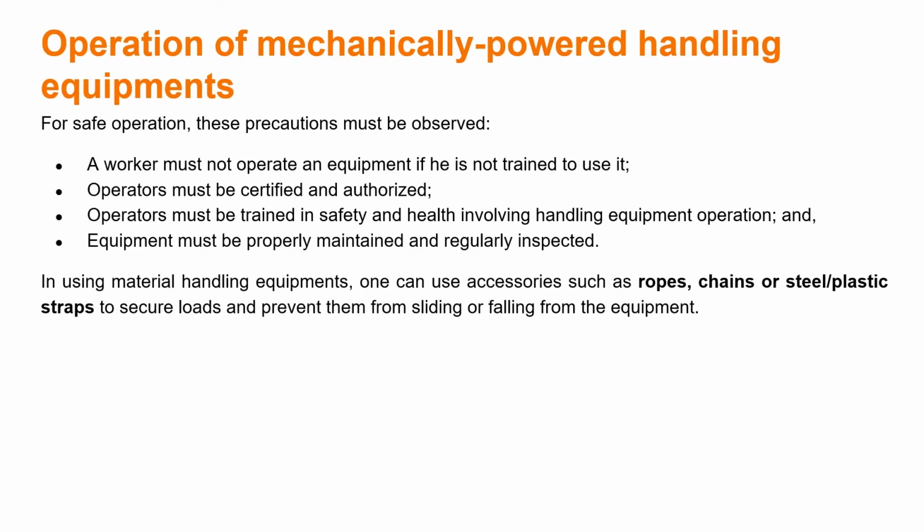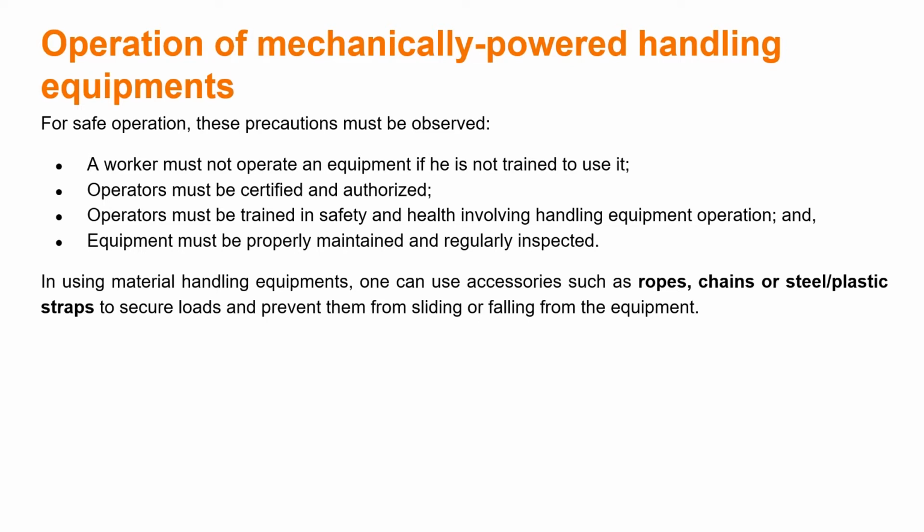Handling mechanically powered equipment can pose more danger than the manual ones, so for safe operations, these precautions must be observed. A worker must not operate equipment if he is not trained to use it. Operators must be certified, authorized, and trained for safety and health involving handling equipment operation. And finally, equipment must be properly maintained and regularly inspected.